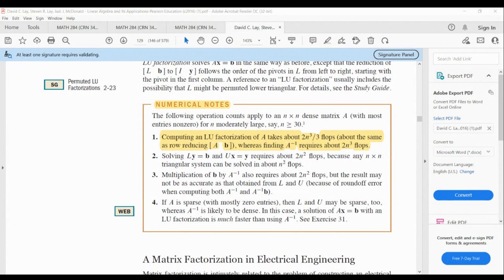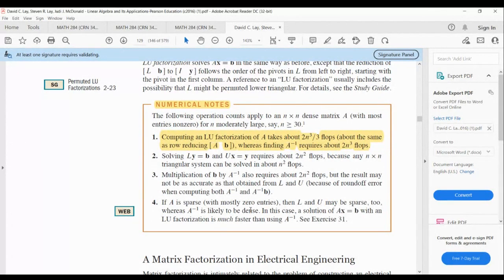Finding the LU factorization takes 2/3 times n cubed, whereas if you were to solve a system of equations using an inverse, you would need 2n cubed flops. So that's 3 times as many flops to get the inverse.